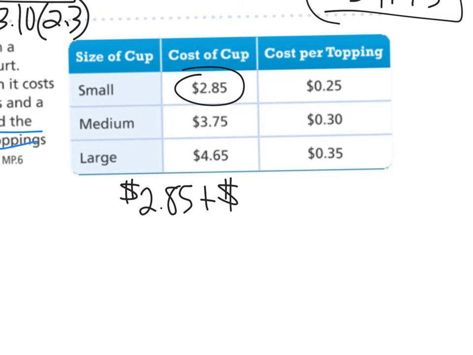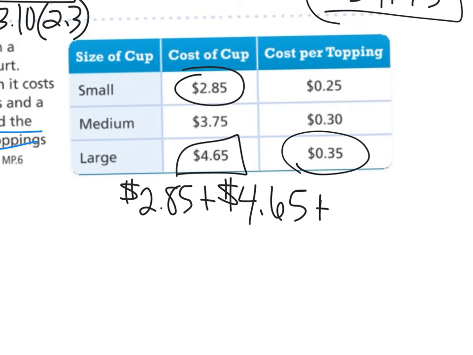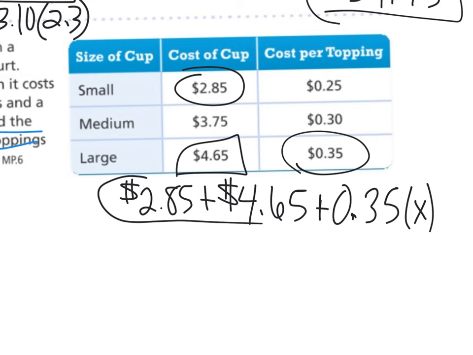So the large to start with is $4.65, and then we're buying X toppings, whatever that is. To find that cost would be 35 cents times however many toppings we bought. If you put it in this order, you wouldn't have to have parentheses around the X. So that would be our first answer for this problem.